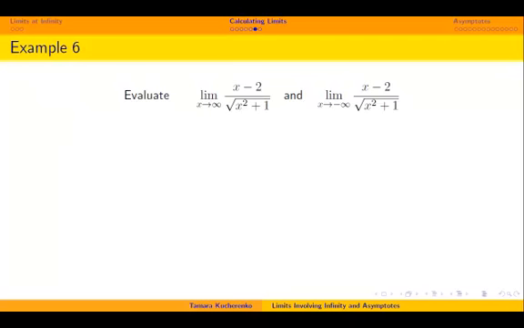The last example is the one we used to initiate our discussion of limits at infinity at the beginning of this lecture. We will evaluate limits at positive and negative infinity of the function x minus 2 divided by square root of x squared plus 1.